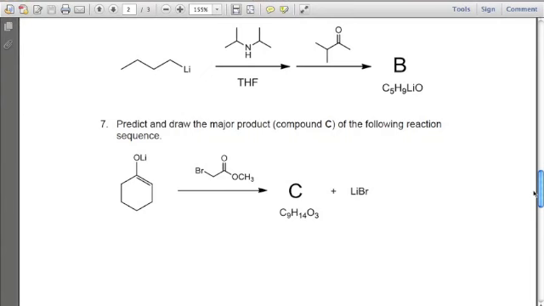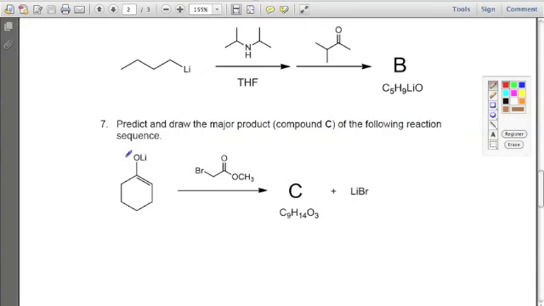Okay, so 7, predict and draw the major product of the following reaction. Okay, so we can see that our final product has 3 oxygens in it. And over here we have the enolate that we can attack this compound.